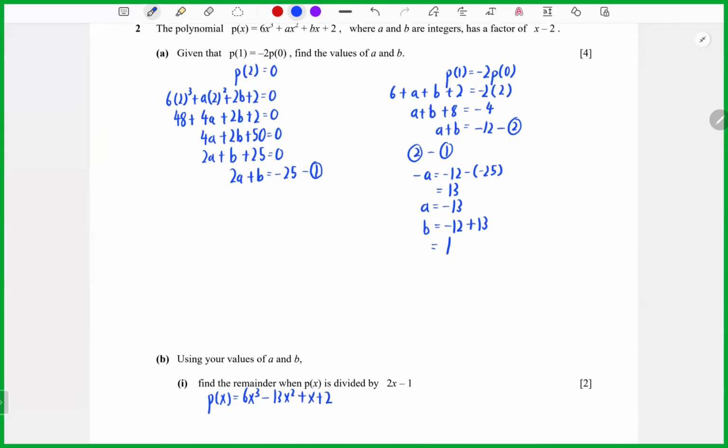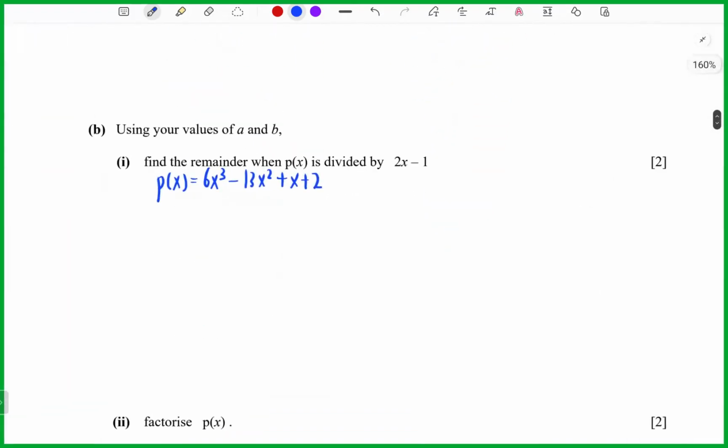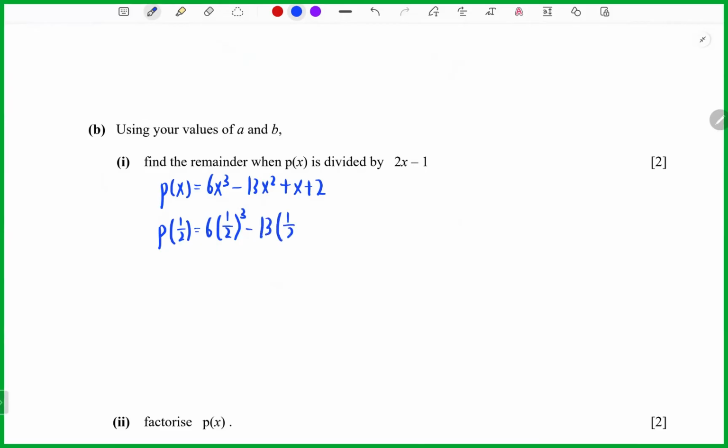Because we need to find the remainder, I write p(1 over 2) equals 6 times (1 over 2) cubed minus 13 times (1 over 2) squared plus 1 over 2 plus 2. So 6 times 1 over 8, and then minus 13 times 1 over 4, and then plus 1 over 2 plus 2.